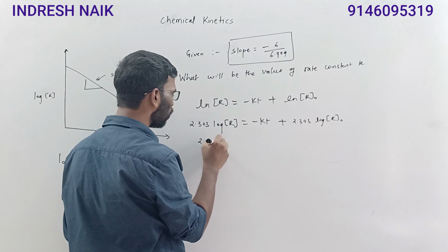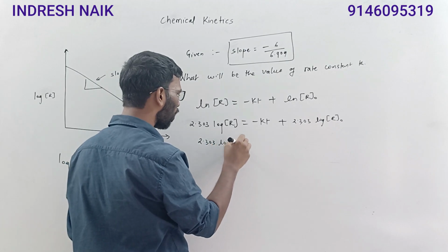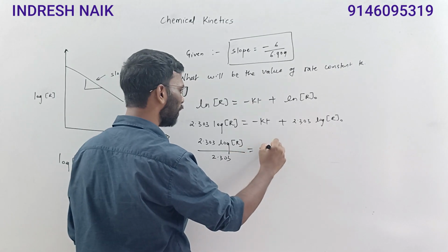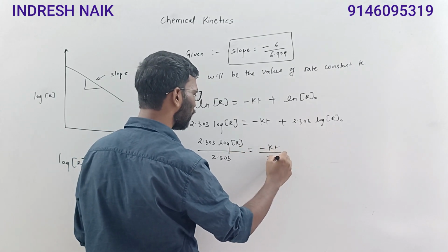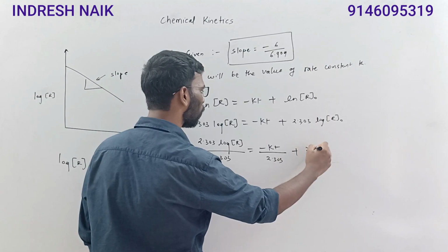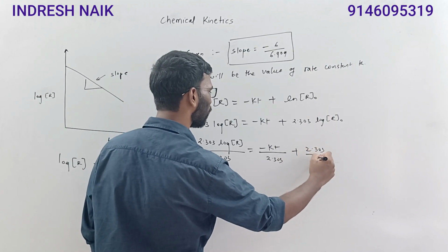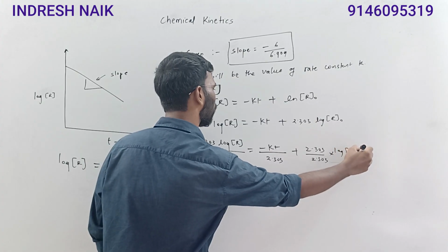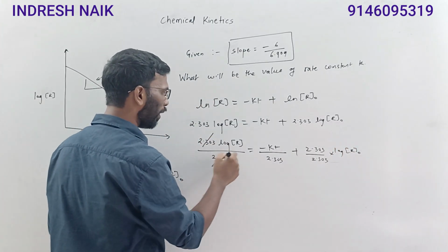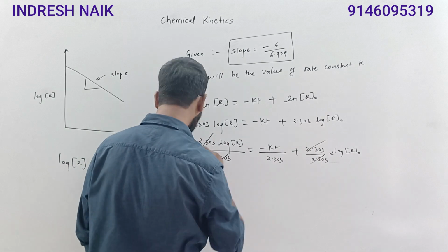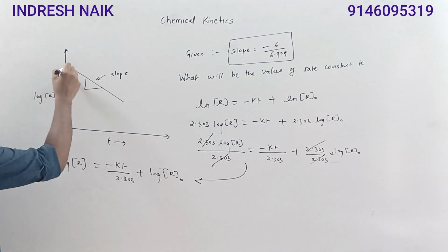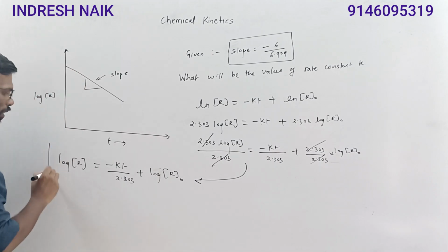So 2.303 log of r and 2.303, minus kt upon 2.303, plus 2.303 log of r0. What do you get? This gets cancelled. You get this equation. So this graph is for this equation.